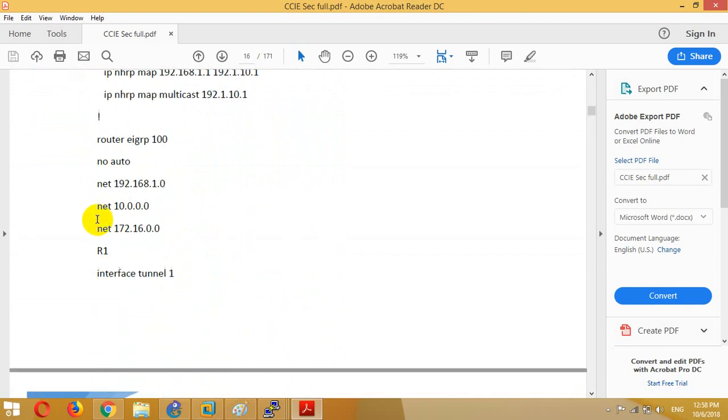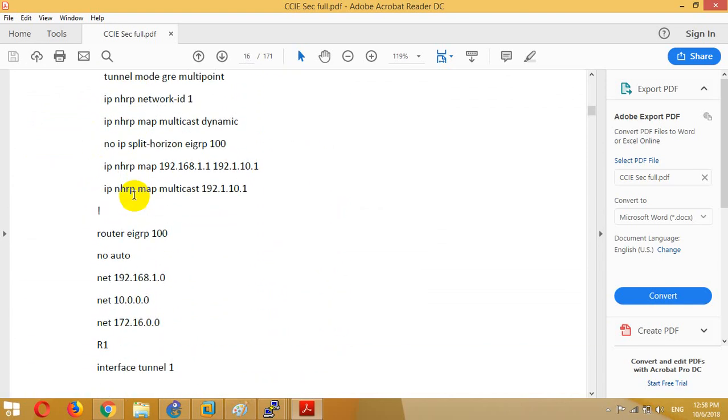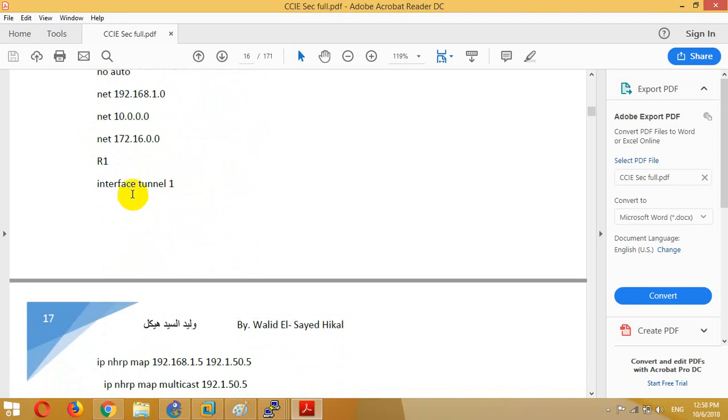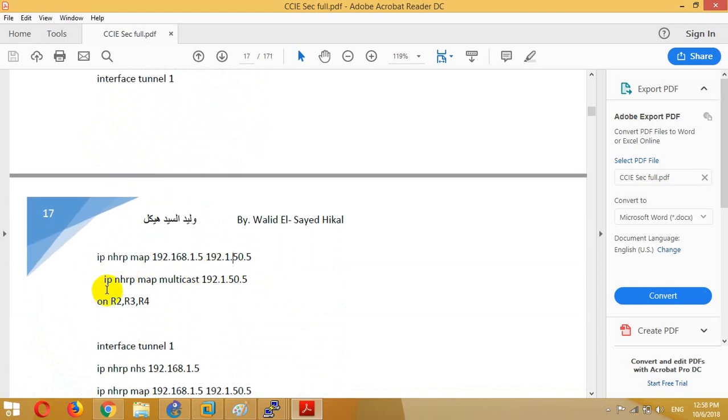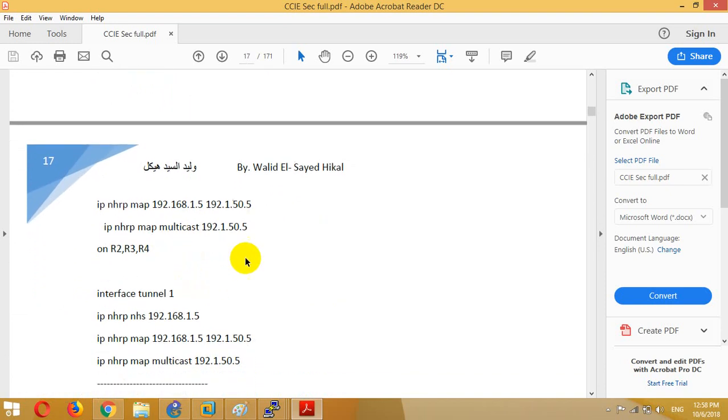You can say router 1 is the first hub and router 5 is the second hub. In this router, IP NHRP map, I'm going to map between 1.5, which is the tunnel interface IP for the secondary hub, and the real IP, which is 50.5. And here also, multicast, I'm going to refer to the 50.5.